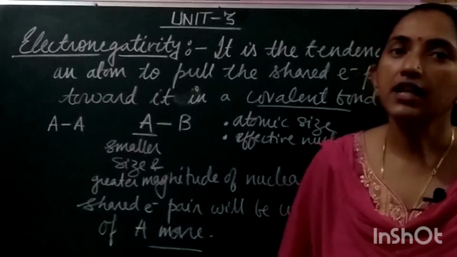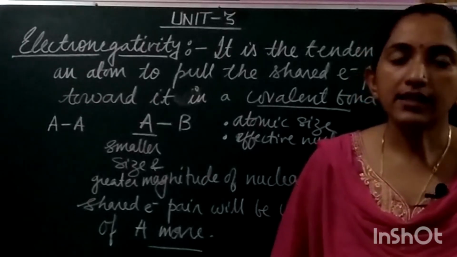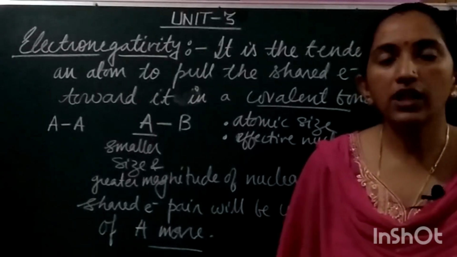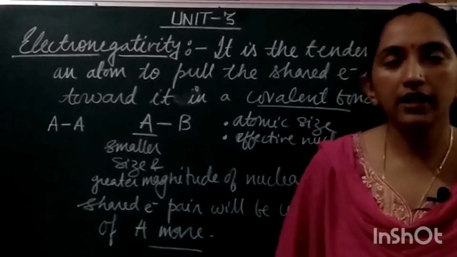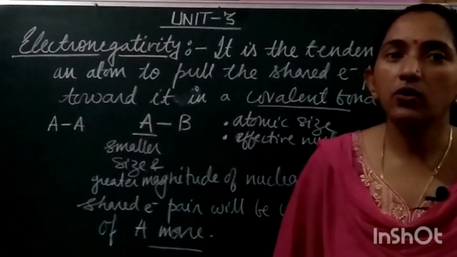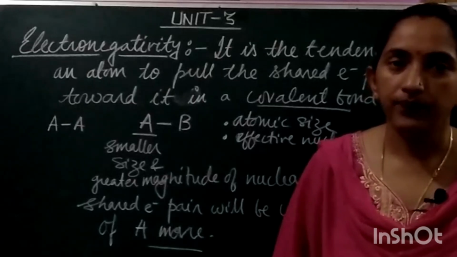But here it is the shared pair of electrons, right? Now the next thing is that with respect to ionization enthalpy and electron gain enthalpy, right? They are all measurable quantities, but this is not a measurable quantity.